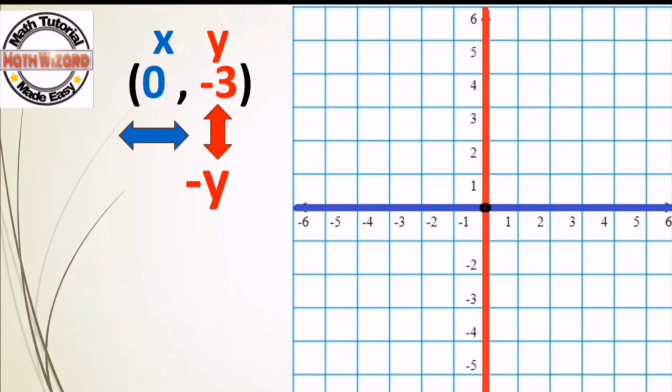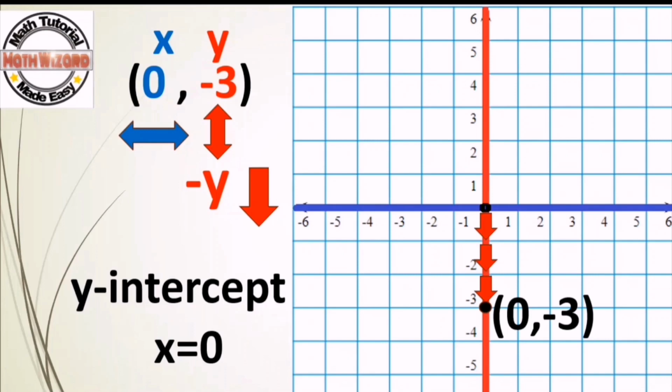Since it is negative, therefore we go down. How many units? 3. 1, 2, 3. And then write the point, and then write the name of the point, which is (0, -3). So since we are on the y-axis, therefore we can say that this is the y-intercept. When we say y-intercept, x is always equal to 0.